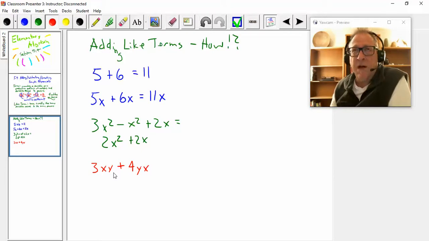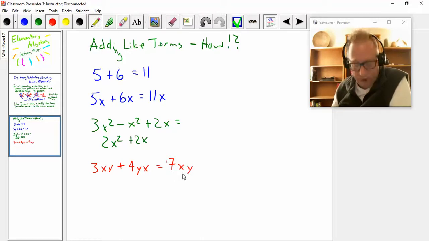No. We can rearrange these variables in any order we want. We typically do them alphabetically, but these are like terms because they have both the same variables, and both those variables are raised to the same powers. So we can combine them. What have we got? We've got 7 of them, and I'll just do them alphabetically. We have 7xy.